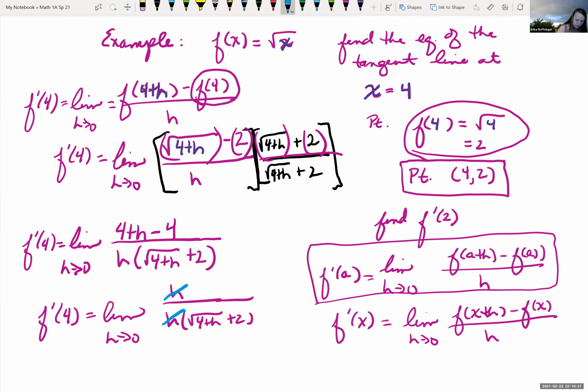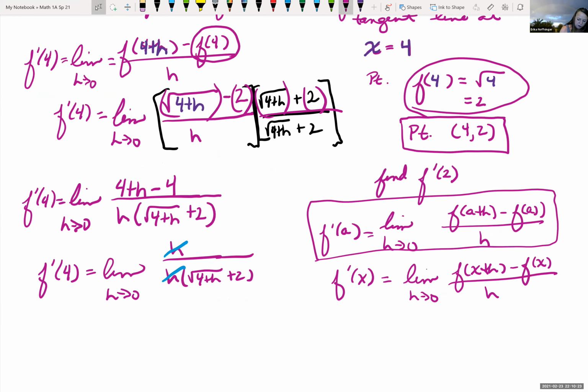The h's cancel. So we get f prime of 4 equals the limit as h goes to 0 of 1 all over the square root of 4 plus h plus 2.